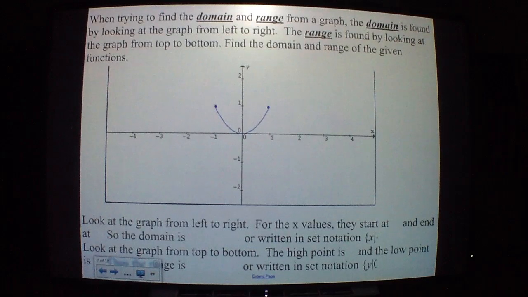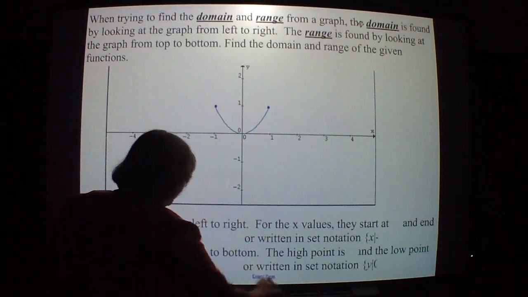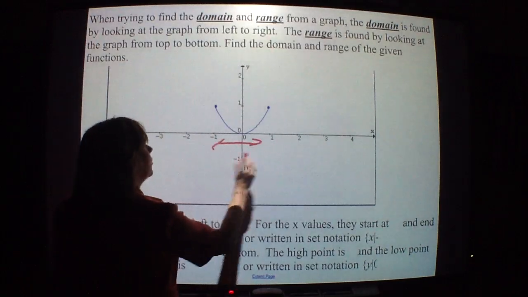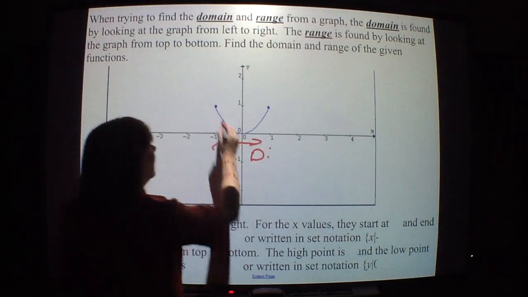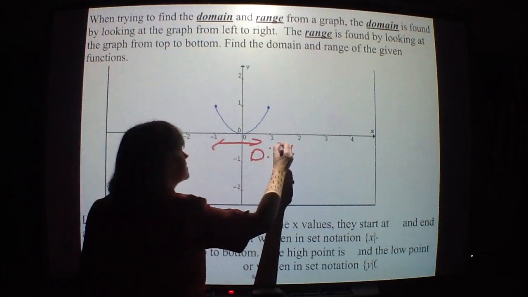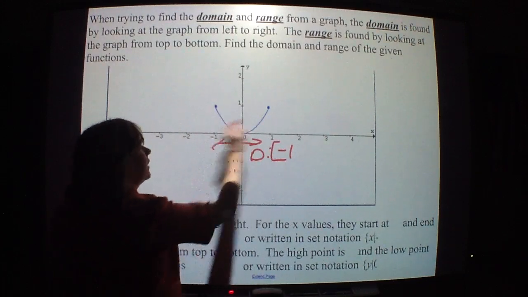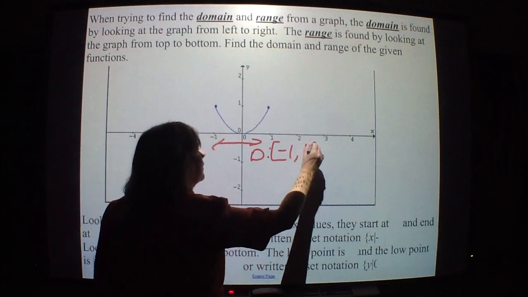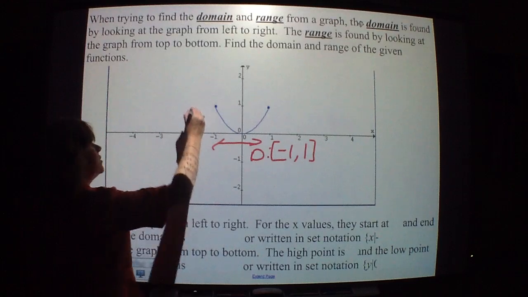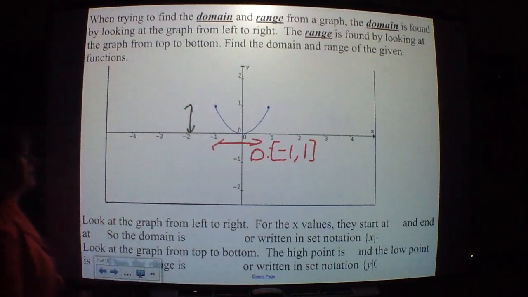So if you look at the graph from left to right, you can see this way would be my domain. And I start at -1, and it includes -1. It's solid. And it goes to +1. So there's my domain. My range, I'm looking up and down.